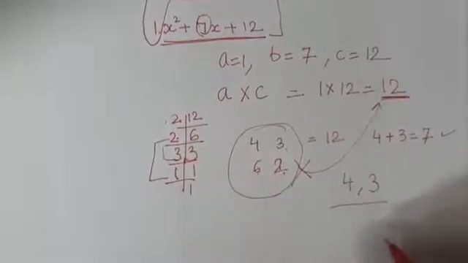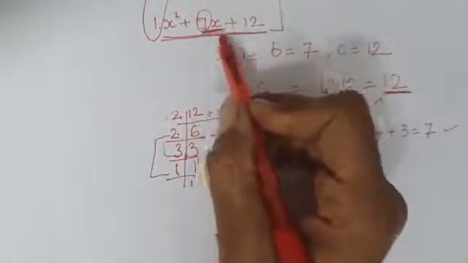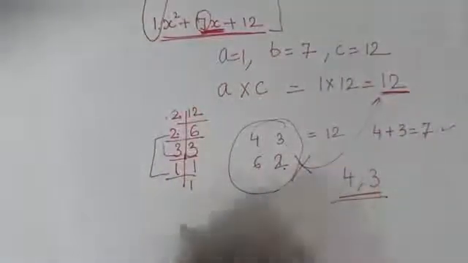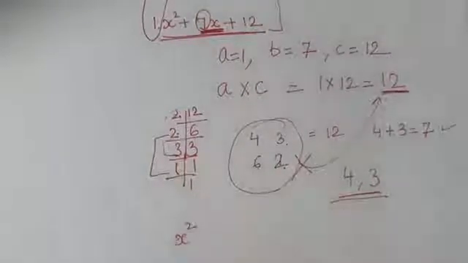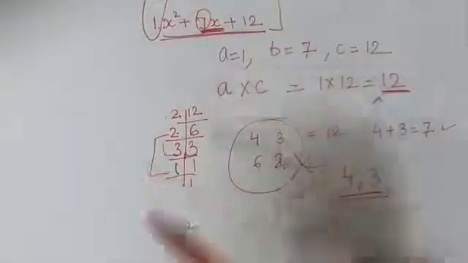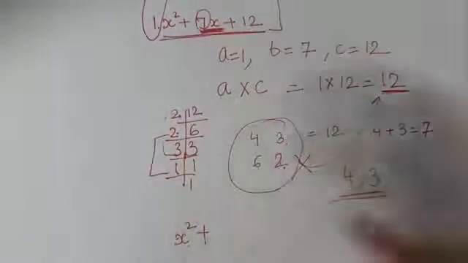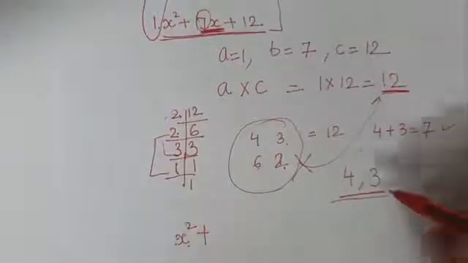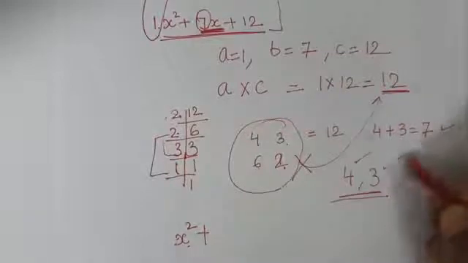So now how will you write these two numbers in place of 7x? Let us write. First of all, x square, that we are writing the same, plus. Now 7 you have to break into two parts, that is 4 and 3.